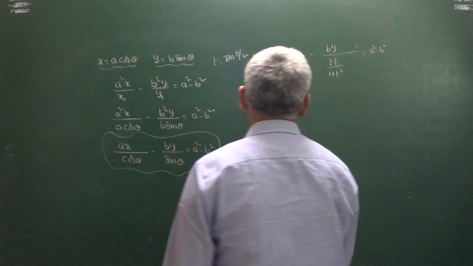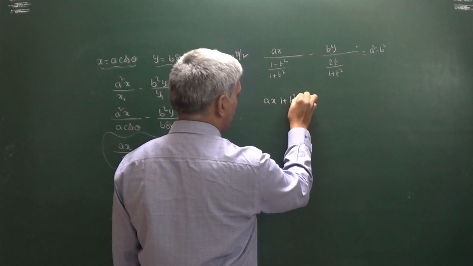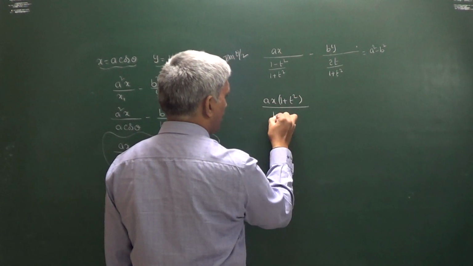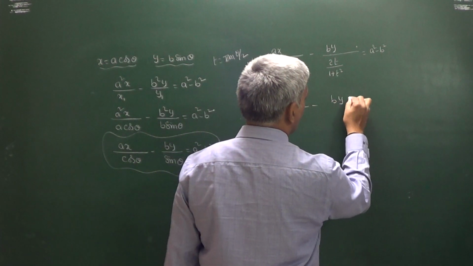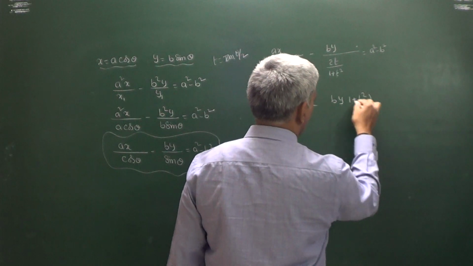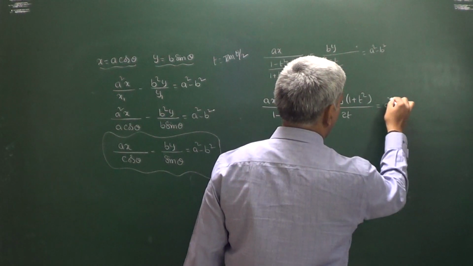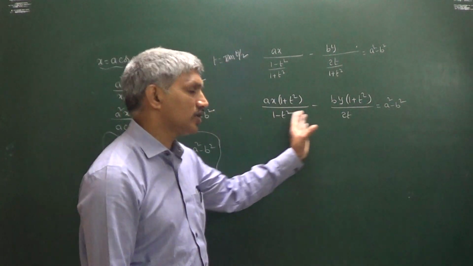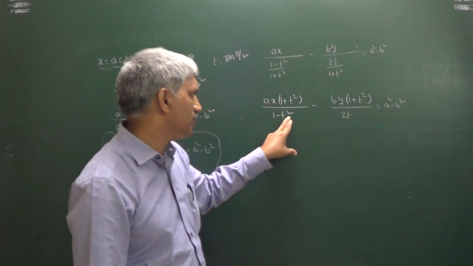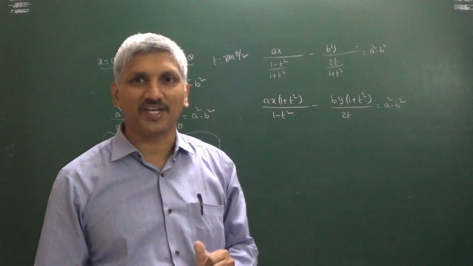Now this simplification, you will get ax into (1 plus t square) divided by (1 minus t square) minus by into (1 plus t square) divided by 2t is equal to a square minus b square. Whether you observed or not, in this total simplification, t square and you are multiplying t square, you will get a 4th degree equation.